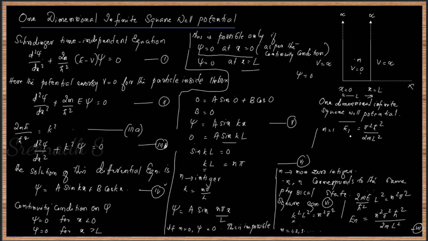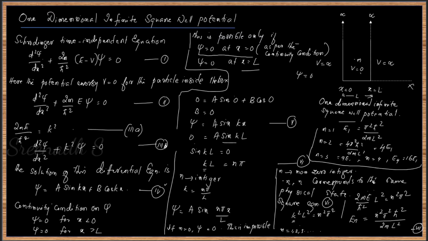Similarly, E2, where n is equal to 2, is 4 pi square h cut square by 2ml square, that is equal to 4 E1. Similarly, n is equal to 3 gives 9 E1, and n is equal to 4, E4 is equal to 16 E1.